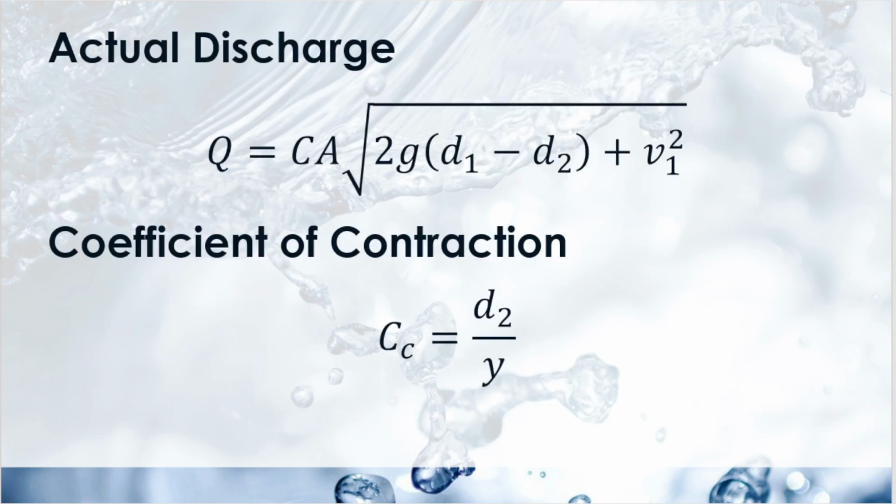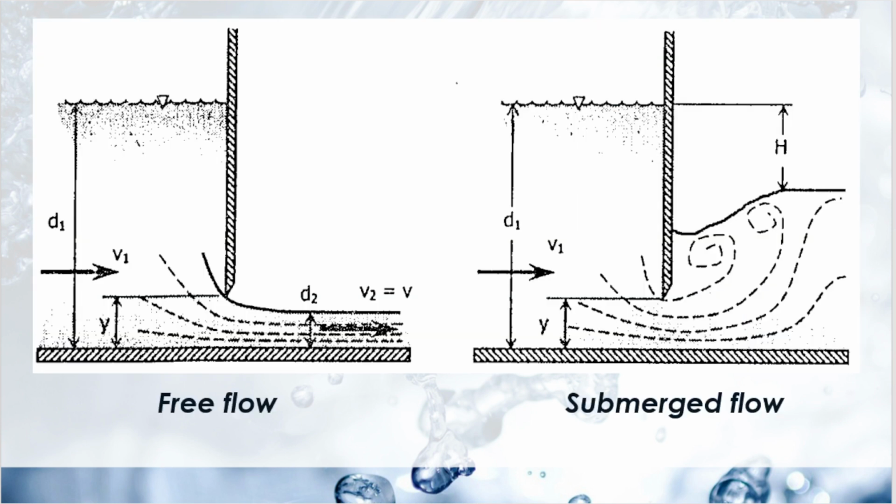So therefore, the total discharge or the actual discharge is the theoretical velocity multiplied by C, the coefficient of discharge. And the coefficient of contraction, this one, C sub c, is equal to d sub 2 over y. That y is going back to the free flowing. This is d sub 2 over y.